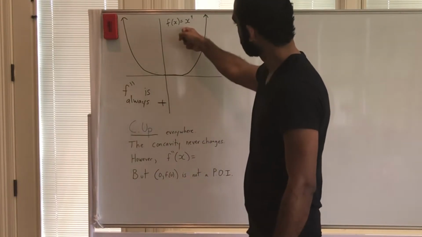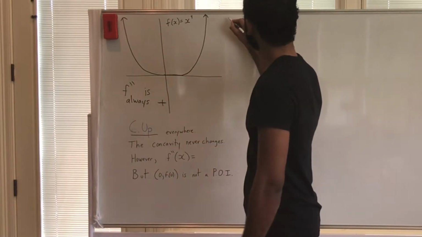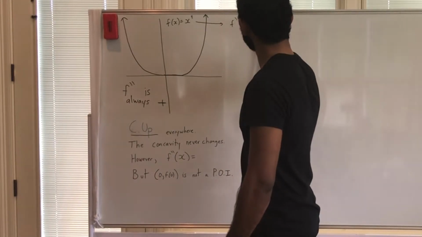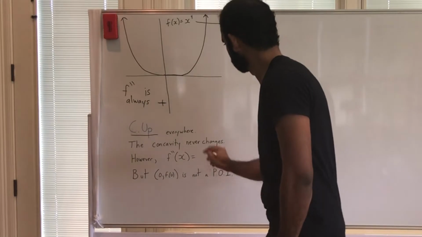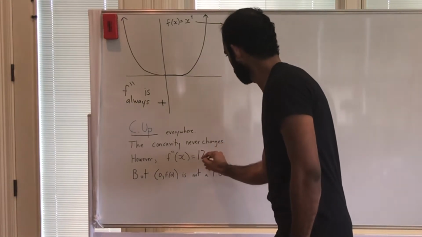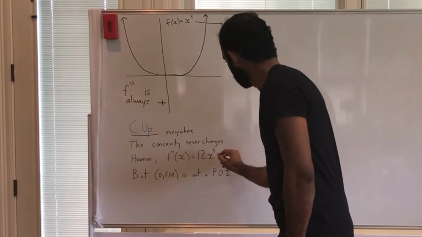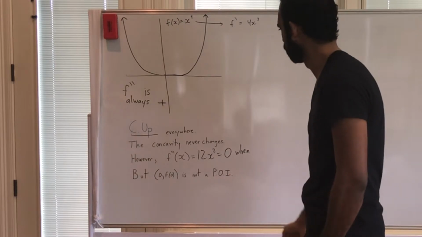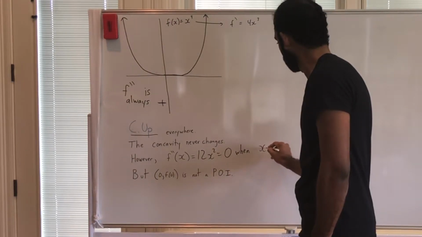However, if I compute the second derivative for this function, the first derivative is 4x cubed, which makes the second derivative 12x squared, and that equals 0. We don't have to worry about the undefined case, but this equals 0 when x is 0.